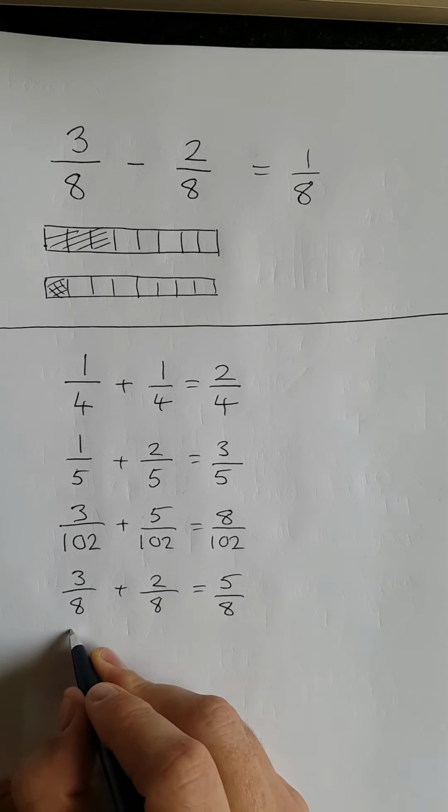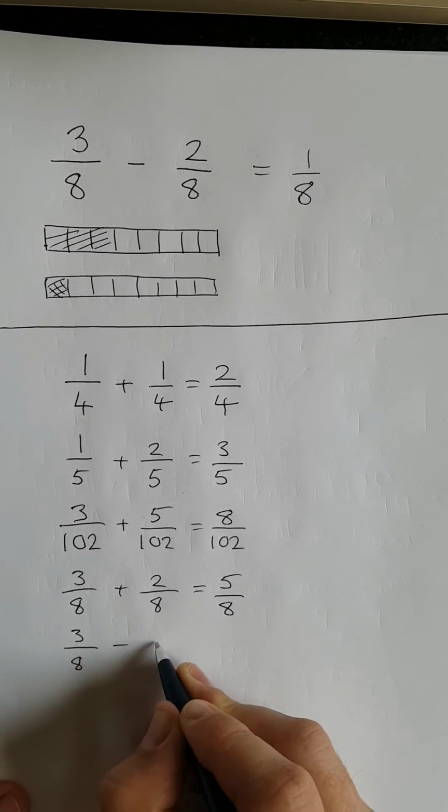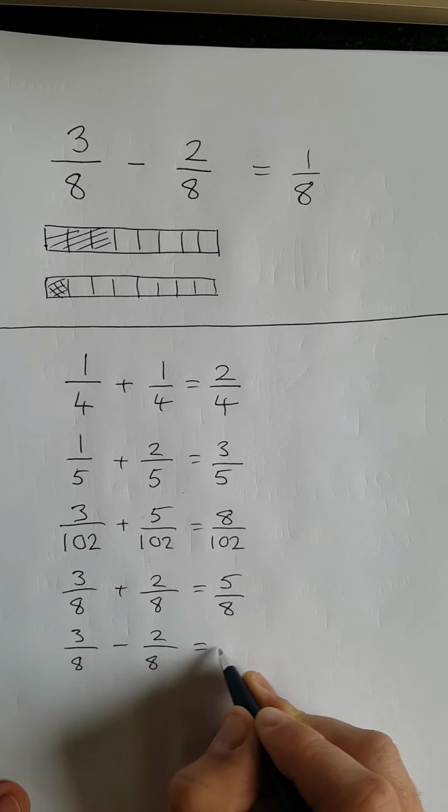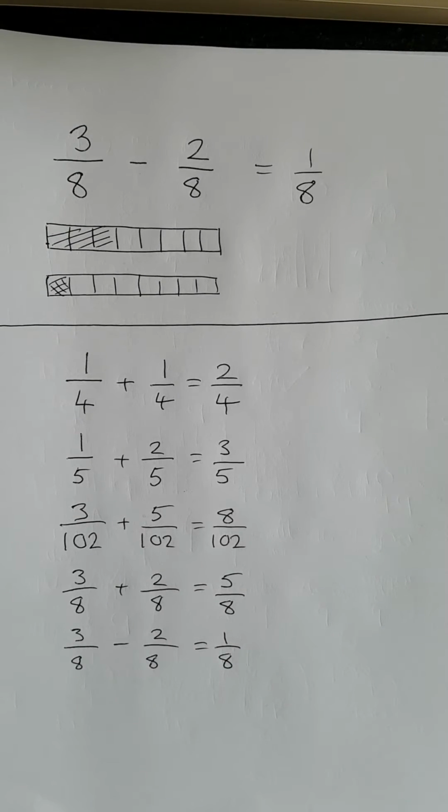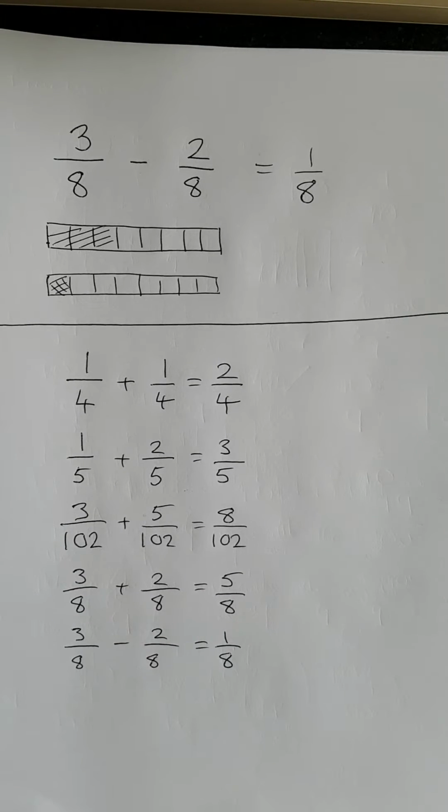And now 3/8 minus 2/8 equals 1/8. Can you spot a pattern here and a rule we can describe?